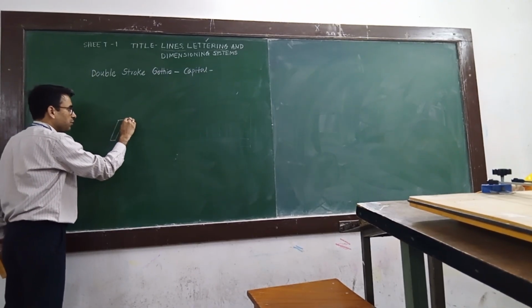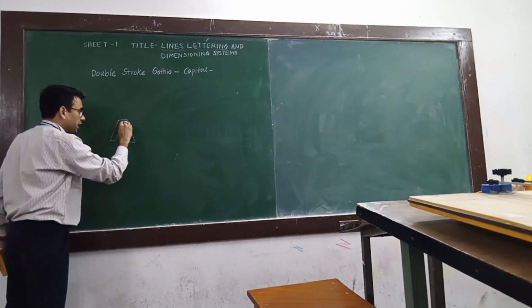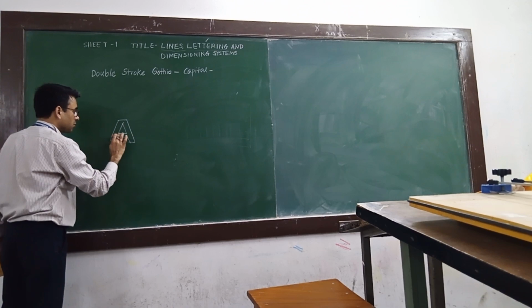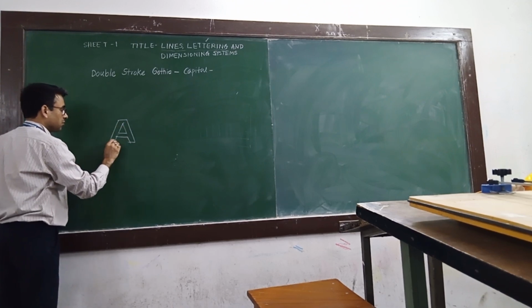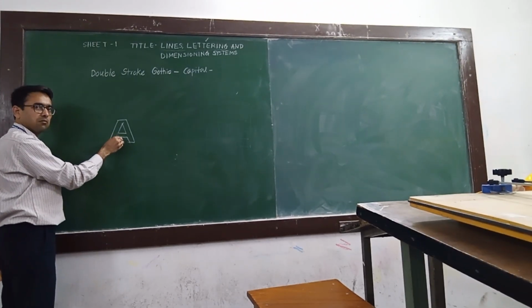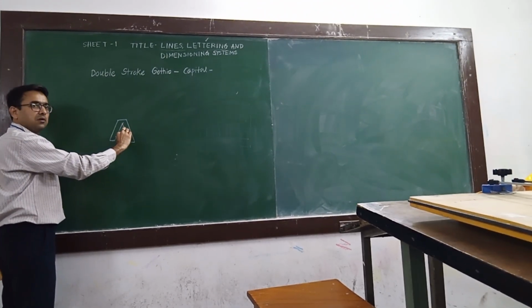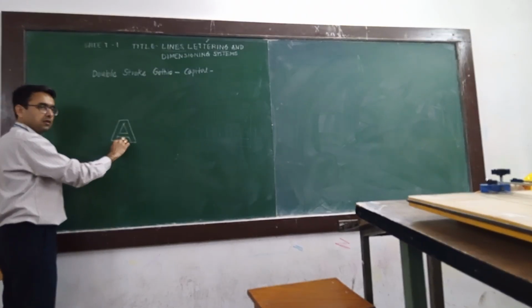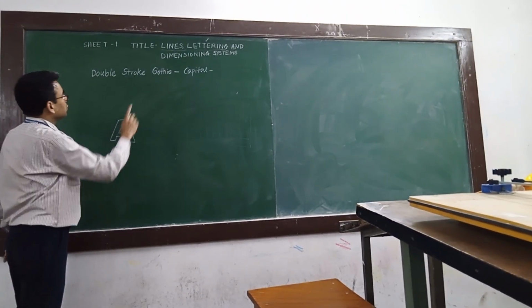I am just giving you a sample. It will be just like this. So for a particular line, you have two lines. That is double stroke, and that is what we will do.